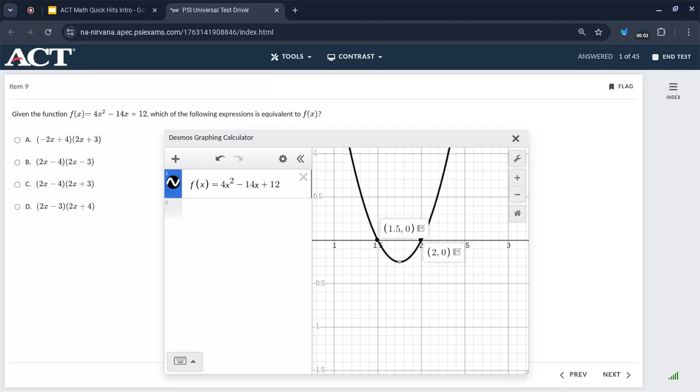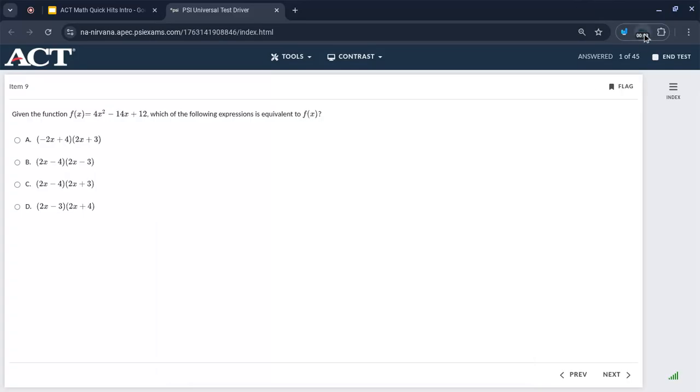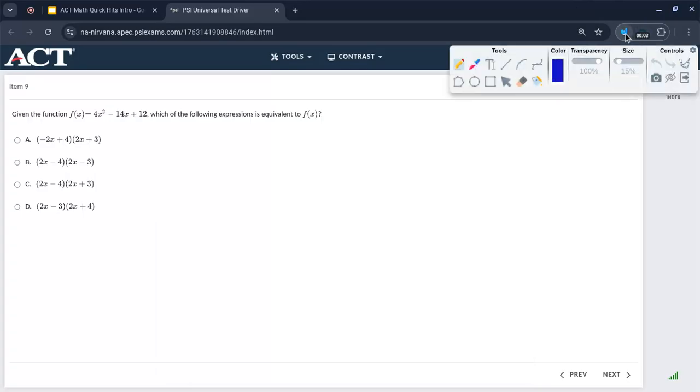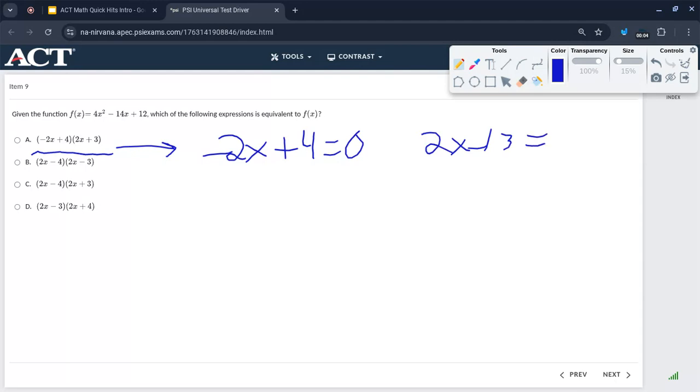With this information, we could go back through our answer choices and see which one, if we set each of them equal to 0 and used the zero product property, gives us 1.5 and 2. Let me show you that. Set both factors equal to 0, like 2x plus 3 equal to 0, and see which one gives us x equals 2 and x equals 1.5.